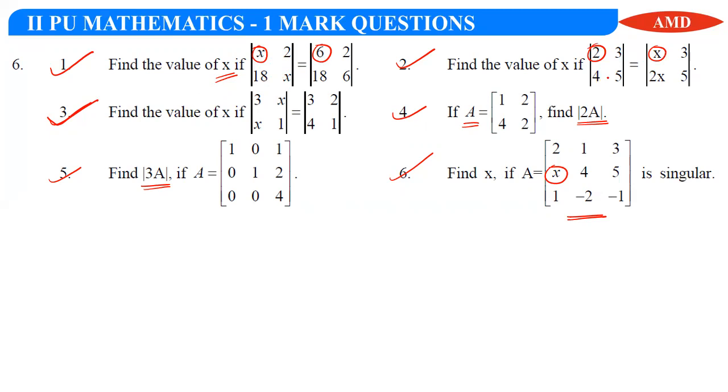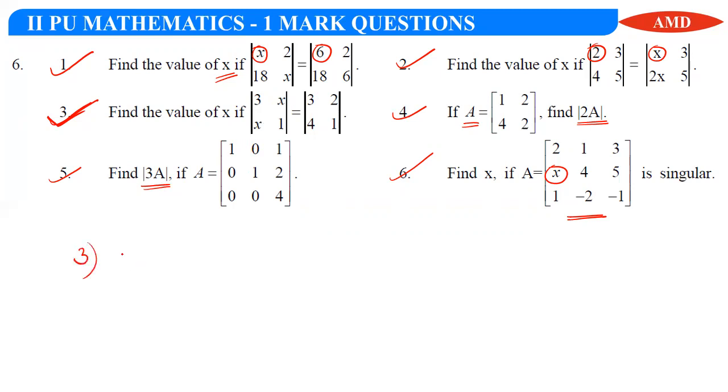But in general, it cannot be done that way. Let me look at the third question here. If you simply equate x equal to 2, you will go wrong. Or if you say x equal to 4, equating the corresponding element, you will go wrong. So let me try the third question.